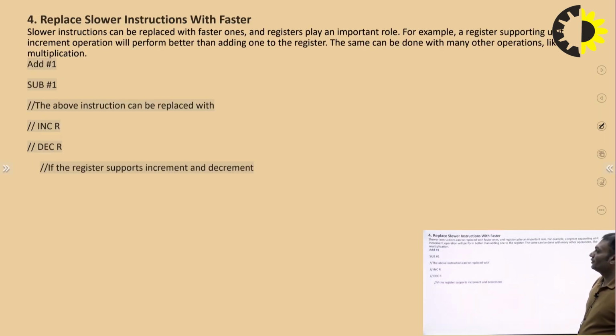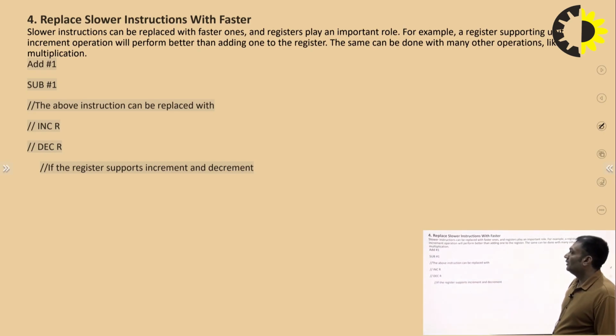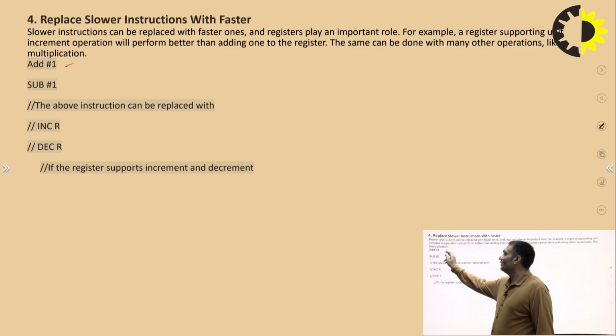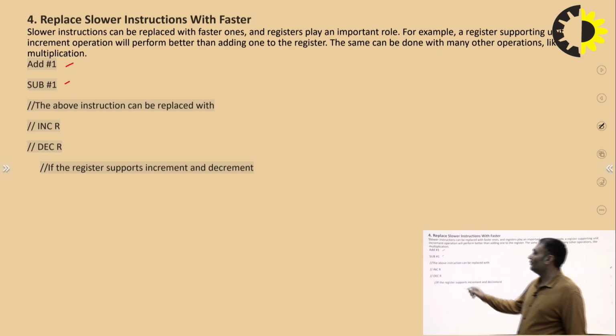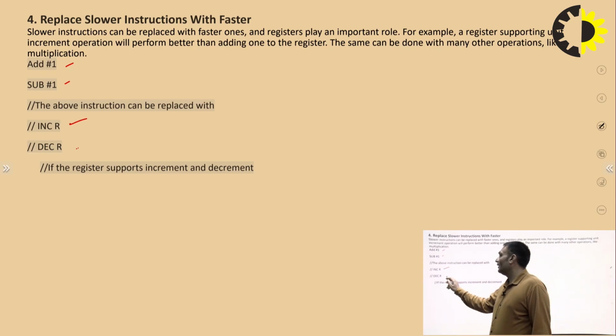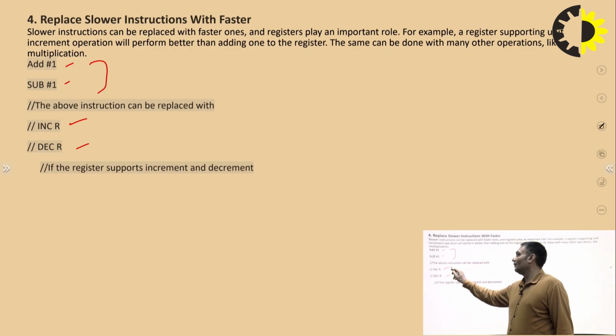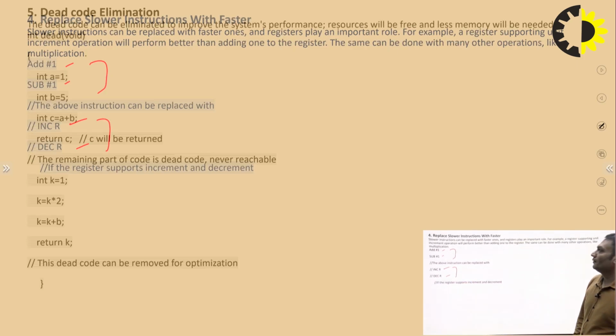Replace slower instructions with faster ones. For example, if we are adding 1 or subtracting 1, we can replace the addition of 1 with increment of register r, or for subtraction we can write decrement of register r. This is called replacing slower instructions with faster ones. Both instructions are slower ones and we are replacing them with faster ones.